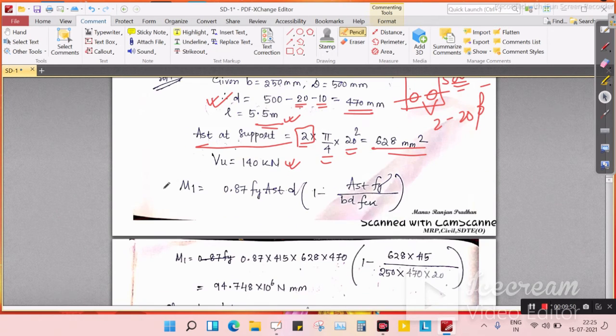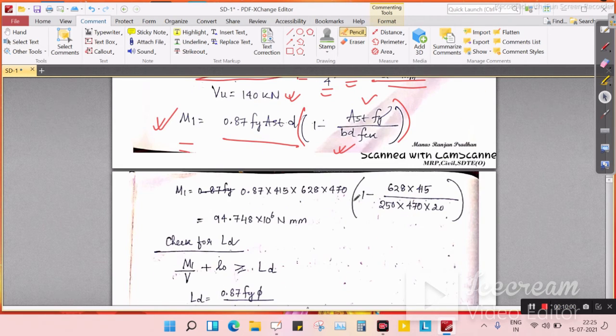So as per IS 456 codal provision, M1 is equal to 0.87 Fy AST into d into 1 minus AST Fy by b d fck. So the value is 94.748 into 10 to the power 6 Newton mm.